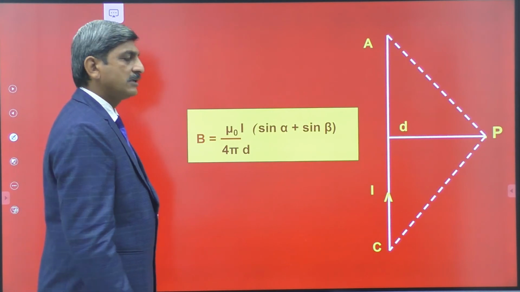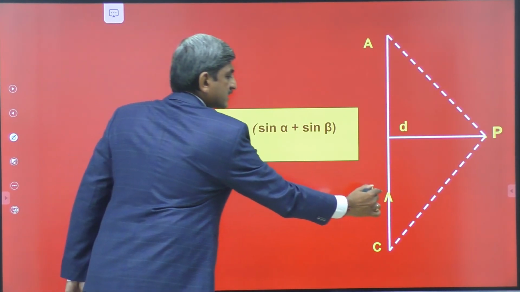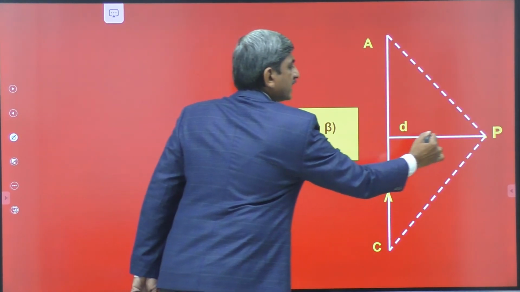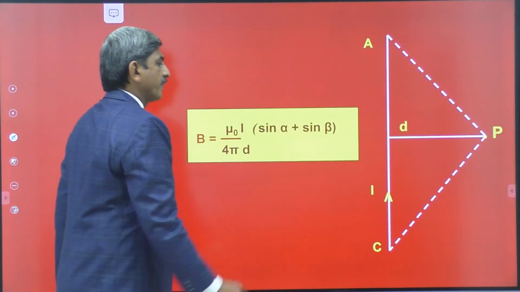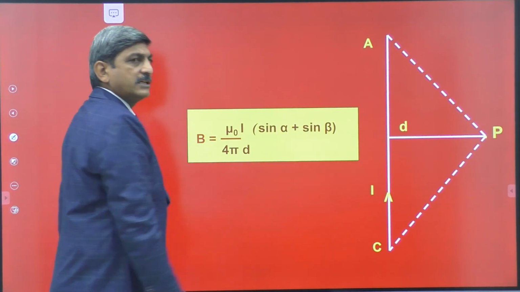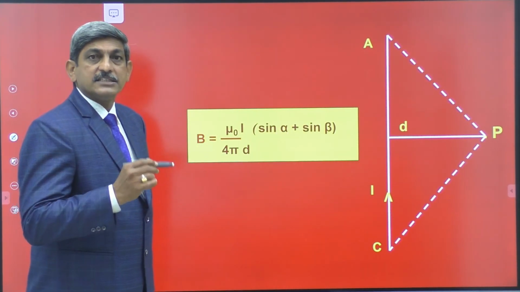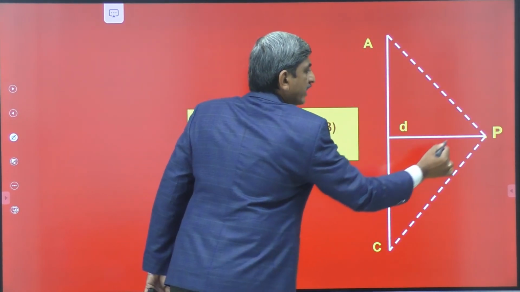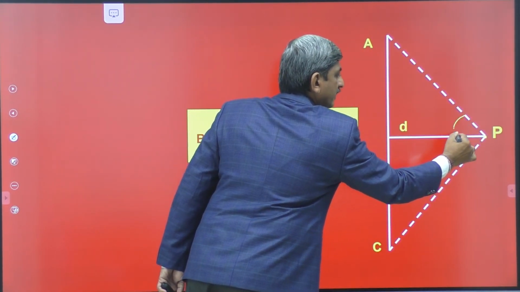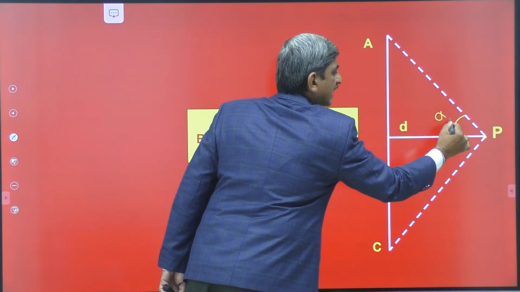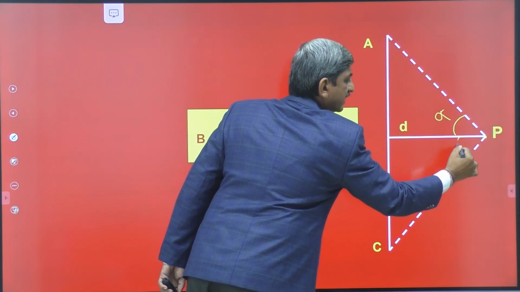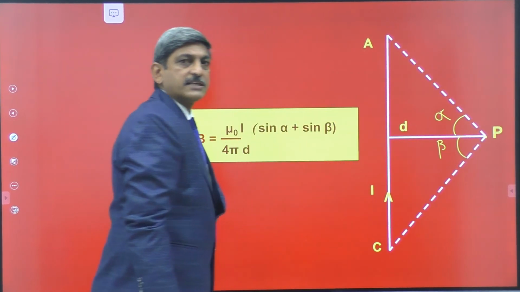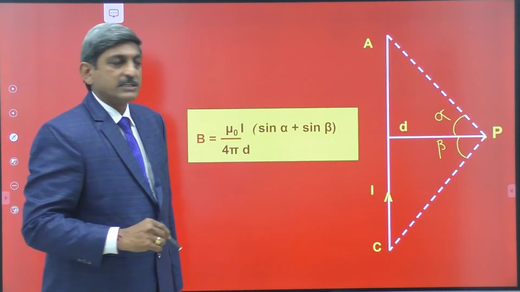In this equation, I is the current passing through the wire, d is the perpendicular distance of the point from the wire, and alpha and beta are the angles subtended by the top end and bottom end of the wire at point P. So this angle is alpha and this angle is beta. While measuring this alpha and beta, remember one thing.